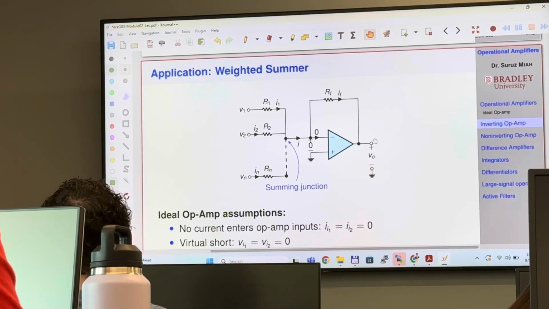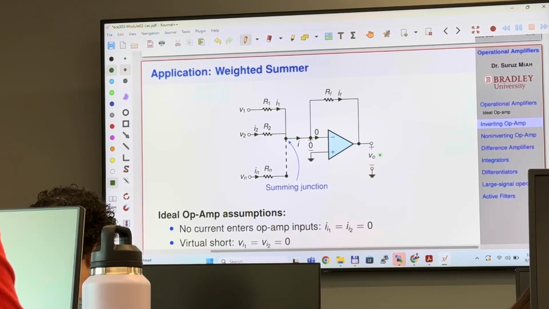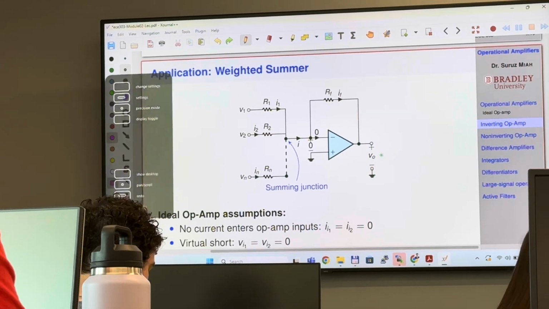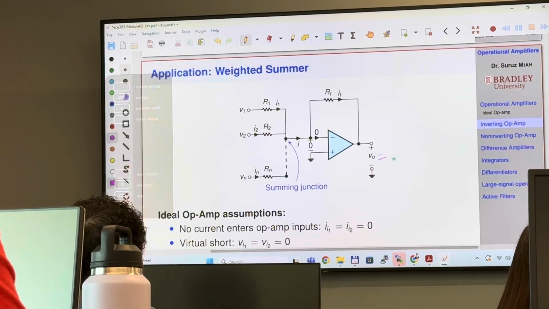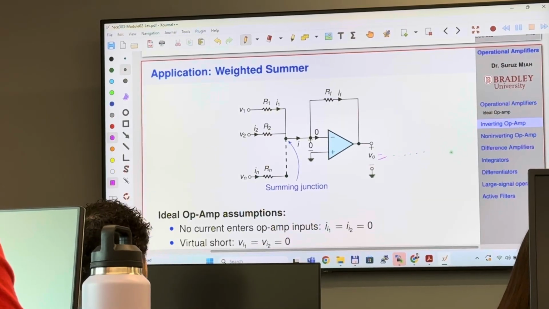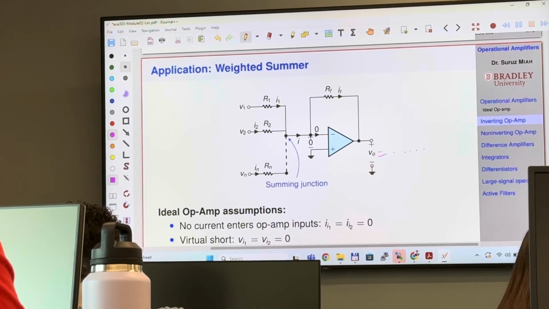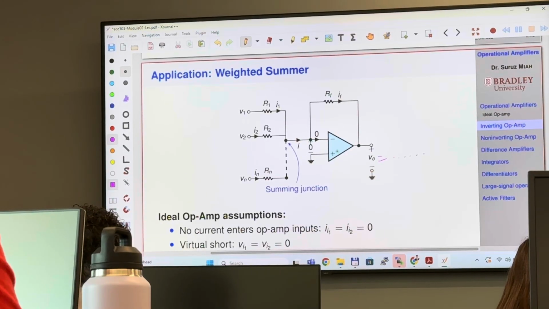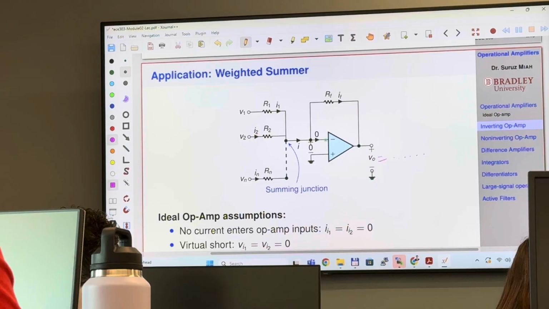So we just need to find what is output as a function of V1, V2, dot. We are going to assume this op-amp is ideal. If this op-amp is ideal, no current is flowing through this terminal and no current is flowing through this terminal.